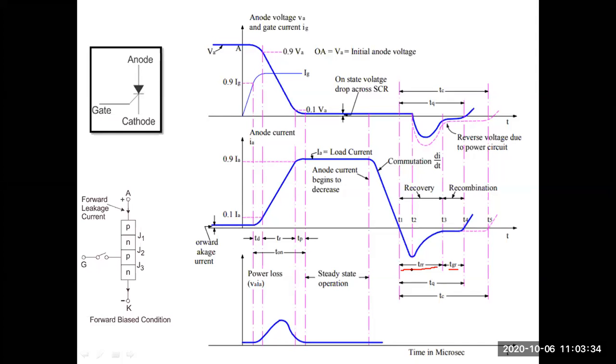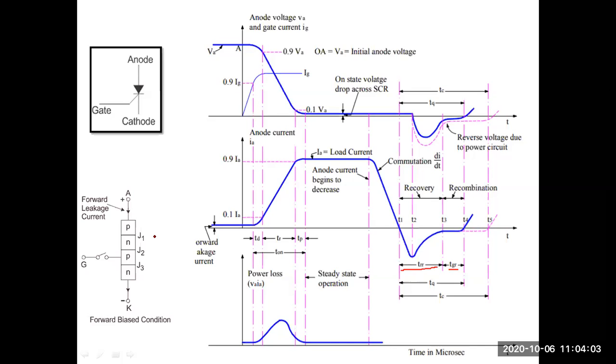Likewise, this is the total time period required for the SCR to recover, that is the interval T1, T2, T3. This is needed because the width of these junctions, that means the layer width, has to be reduced.